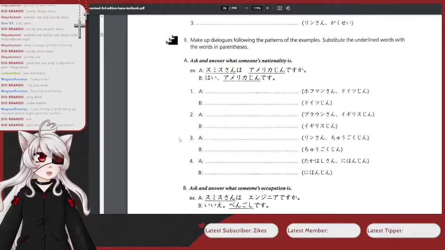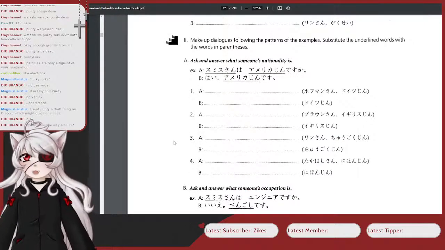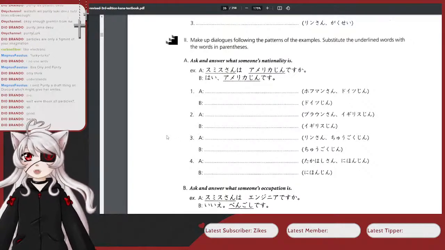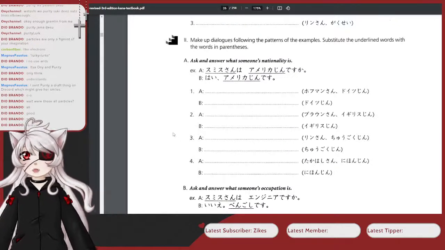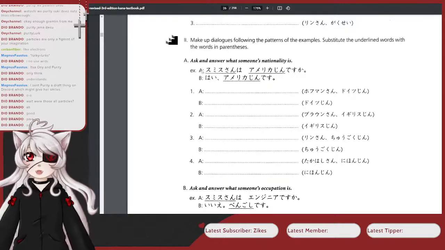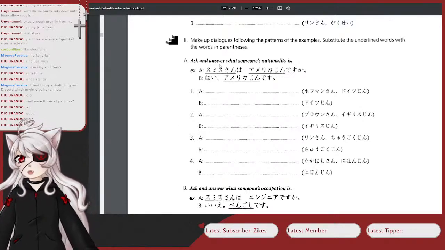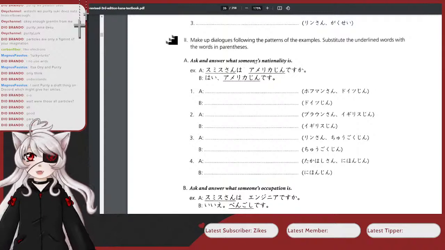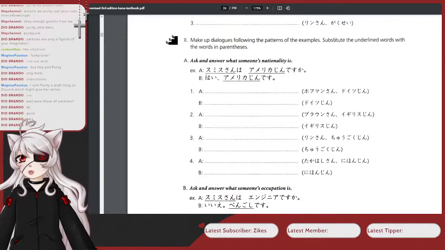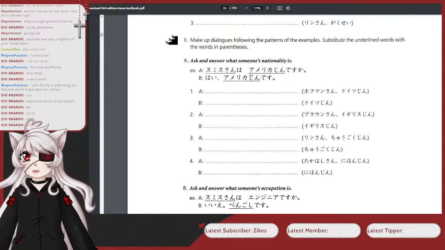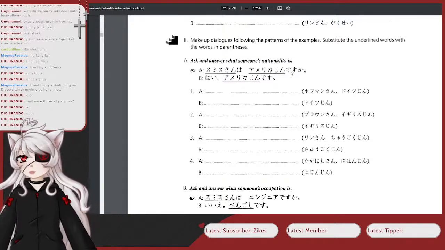Alright, second exercise. Make up dialogues following the pattern of examples. Substitute the underlined words with the words in parentheses. So you need to ask and answer what someone's nationality is. In the example it says Smith-san wa America-jin desu ka?